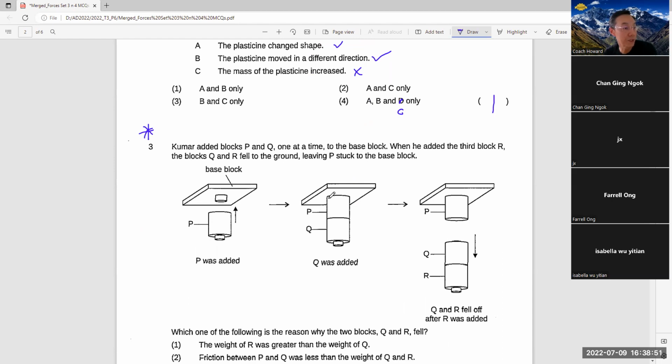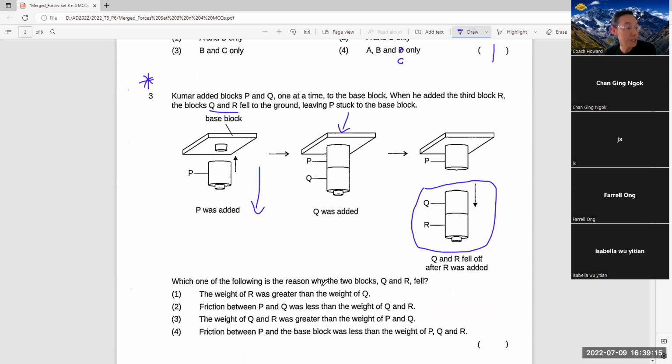So P was securely tied to the base block, and this part is dangling in the air. When he added the third block R, block Q and R fell to the ground, leaving P stuck there. P is still stuck there, but these two drop off.